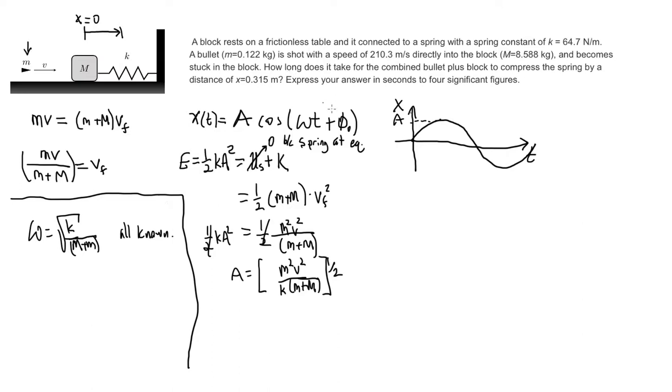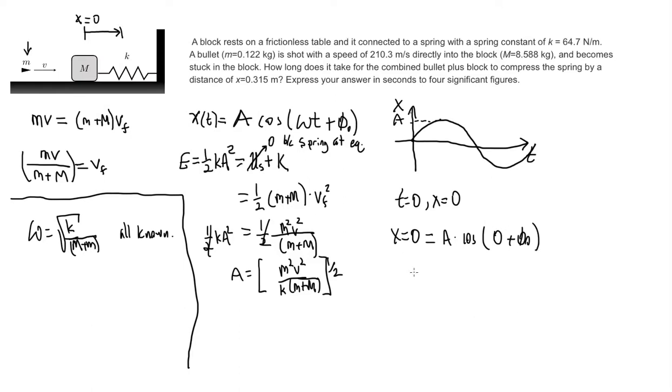And then the last thing is this phi naught. That phi naught is going to be whatever phase constant I need so that this is the graph that I get out of it. So we know that at t equals 0, x equals 0. And we're going to get that x equals 0 equals amplitude times the cosine of 0 plus phi naught.